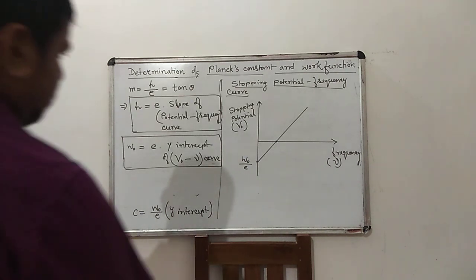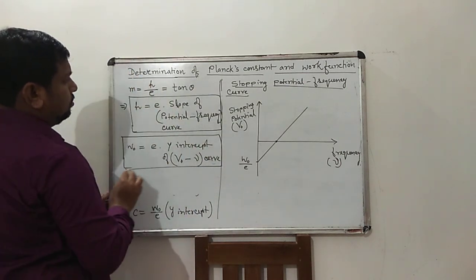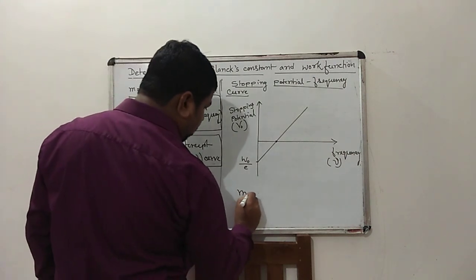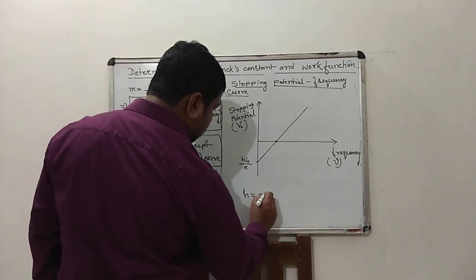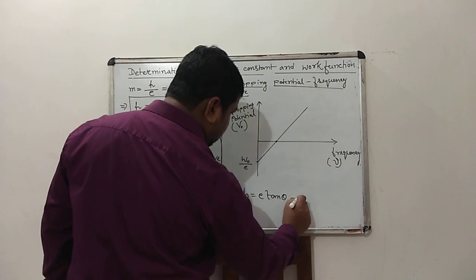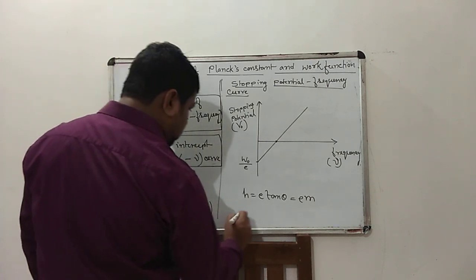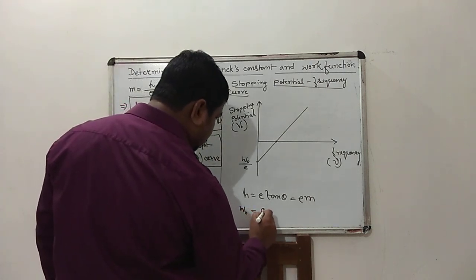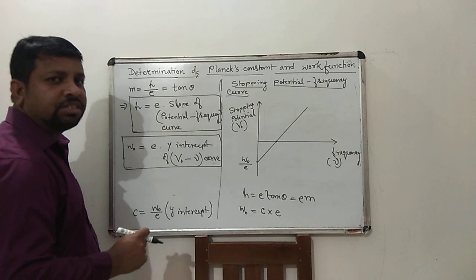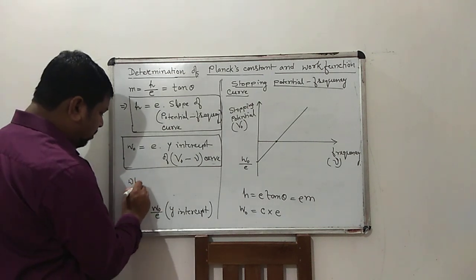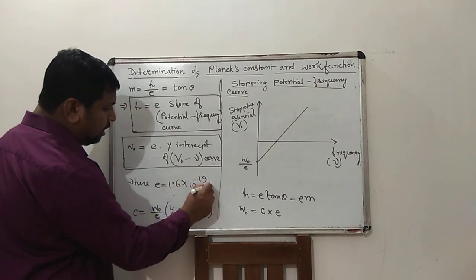Okay, that means h equal to e tan theta, or e m, where m means slope, and W naught equal to c into e. c means y-intercept and e means electronic charge, where e equal to 1.6 into 10 to the power minus 19 coulomb.